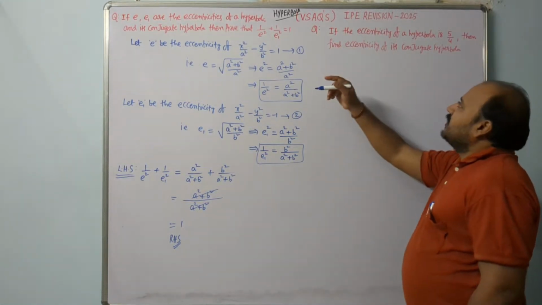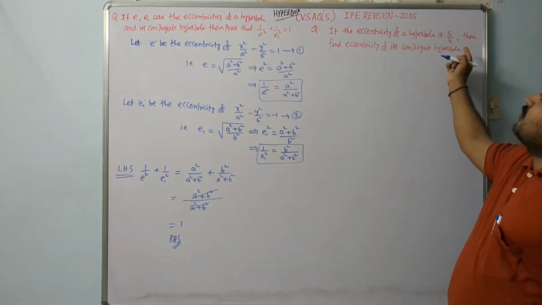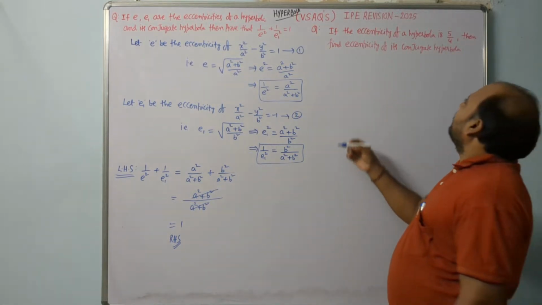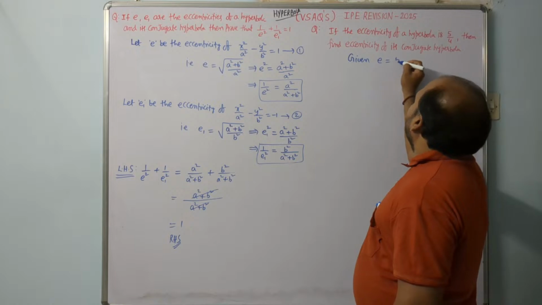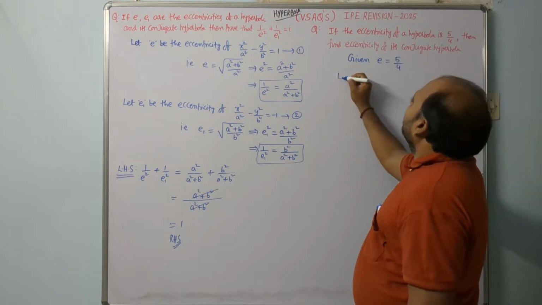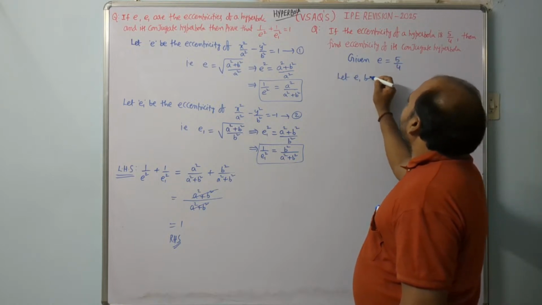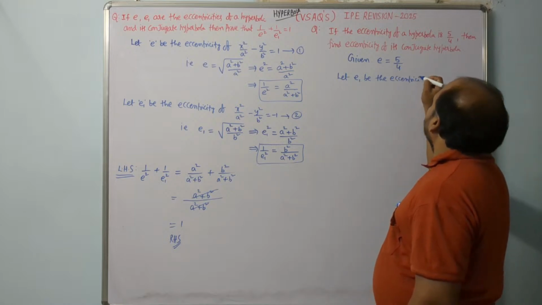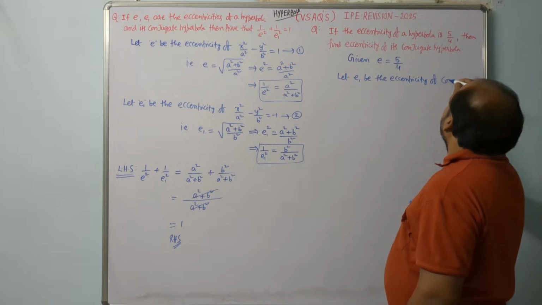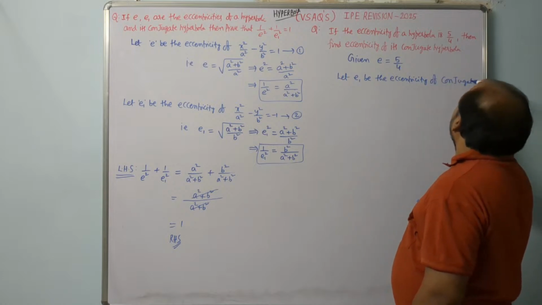Okay, now come to here. If the eccentricity of a hyperbola is 5 by 4, given e is equal to 5 by 4, let E1 be the eccentricity of conjugate hyperbola.